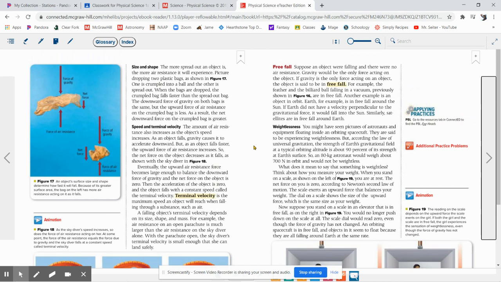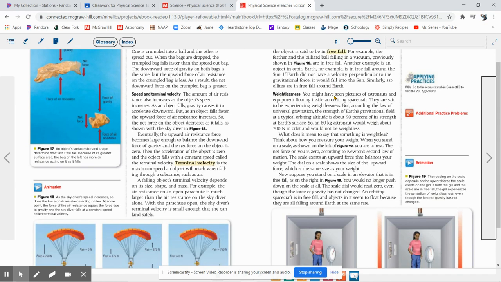All right. Free fall. Gravity would be the only force acting on the object. The best way to think about free fall is if we go back and think about Newton's thought experiment with the cannon and the cannonball. Free fall is being pulled down by gravity. The cannonball that is in orbit around the Earth is being pulled down by gravity, but it never hits the surface.